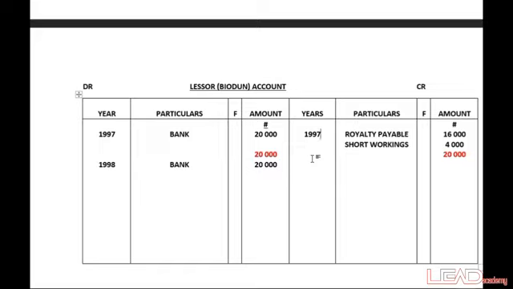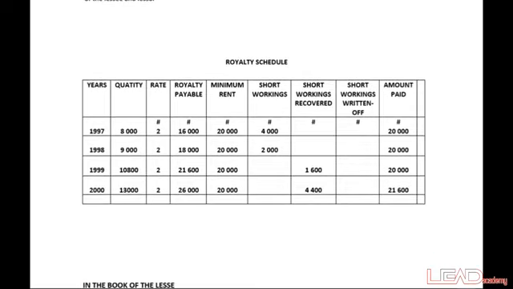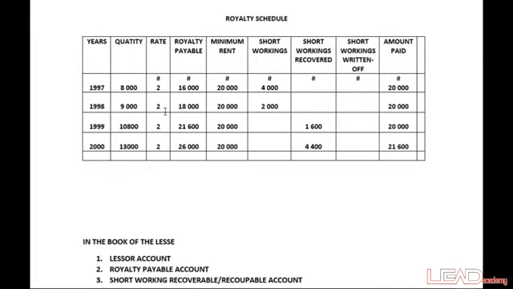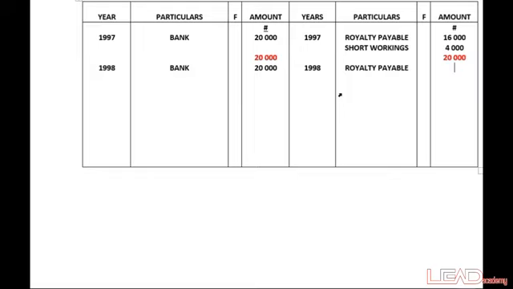In 1998, on the credit side, he paid a royalty of 18,000. Was there short working in 1998? Yes, short working of 2,000. So royalty of 18,000 and a short working of 2,000. When you sum it up, you have an equal balance of 20,000, which means the debit and the credit side are equal. So move ahead to 1999.